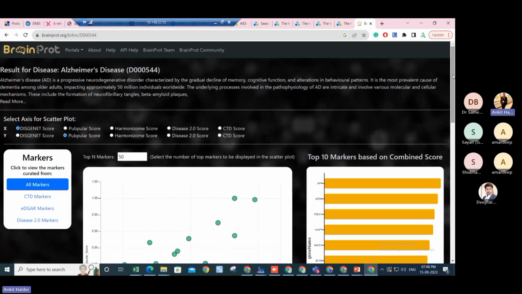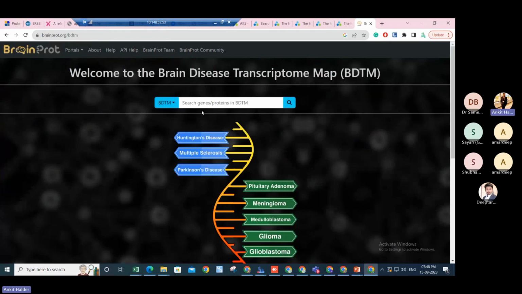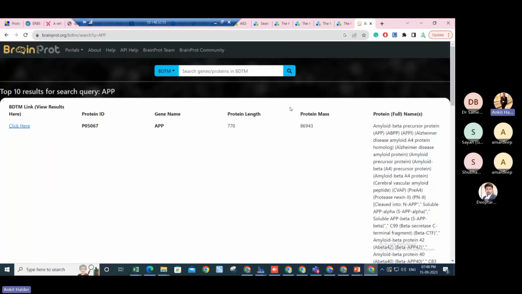Now, okay, you have got those markers, but how do they actually look in your real data set? What you can do is go to the BGTM. For example, APP was coming up as a highly significant marker in Alzheimer's disease.